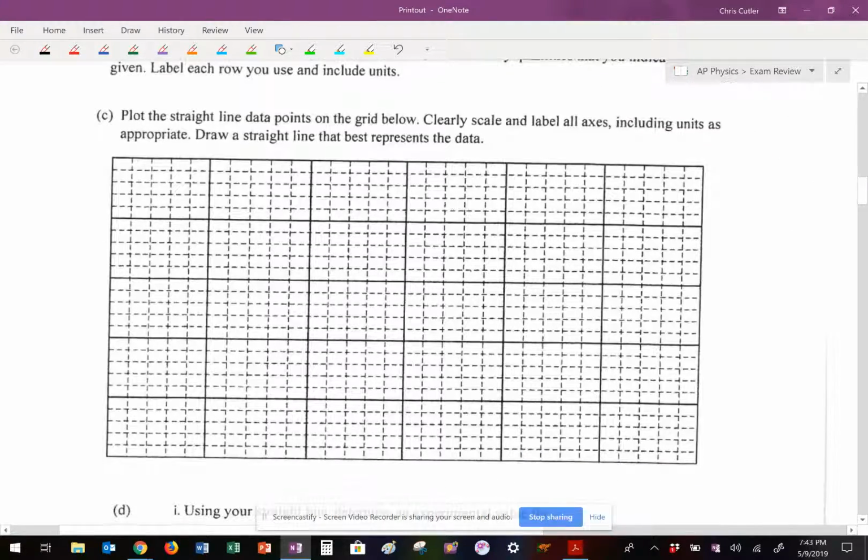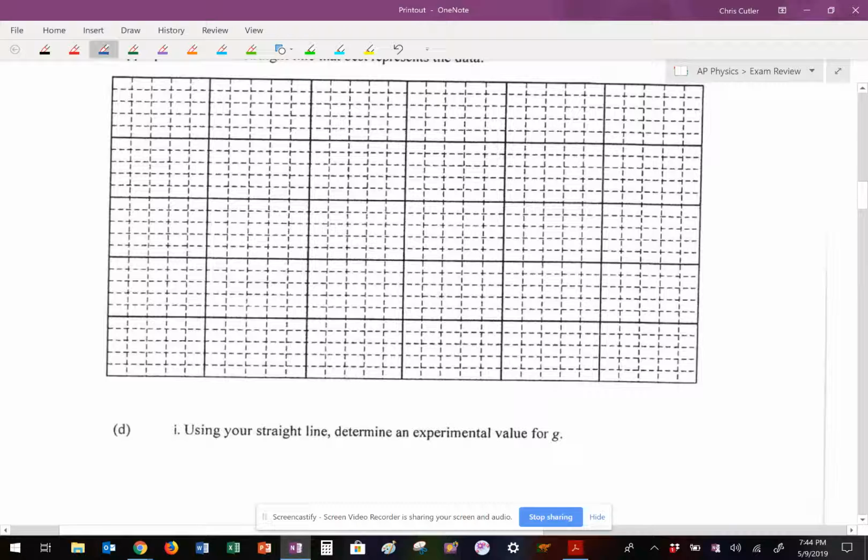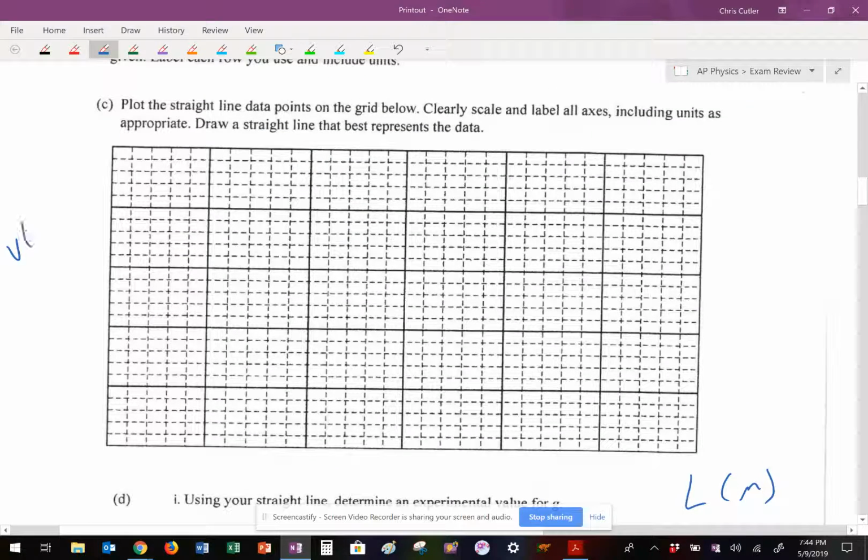Part C says plot the straight line data points on the grid below. Clearly scale and label all axes, including units as appropriate. Draw a straight line that best represents the data. For my graph, I used L, measured in meters, and velocity squared on the other axis.